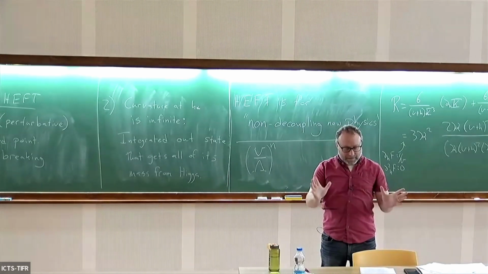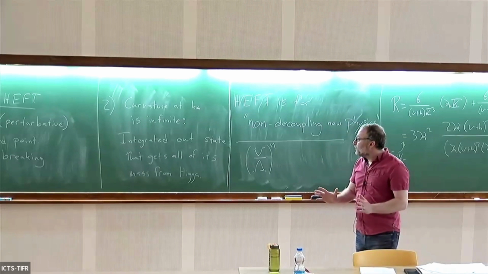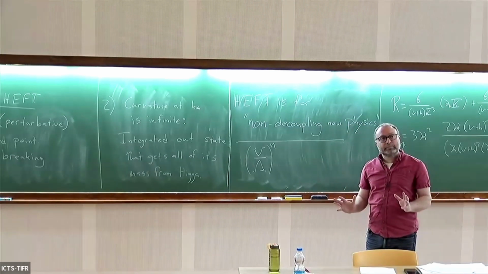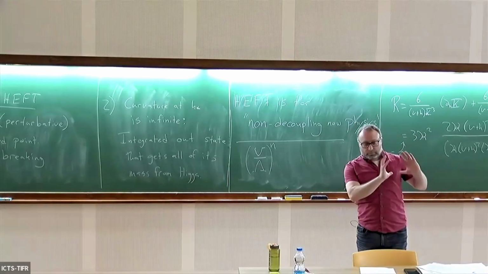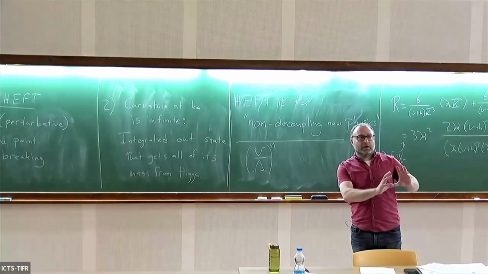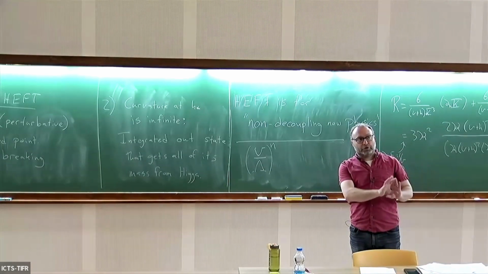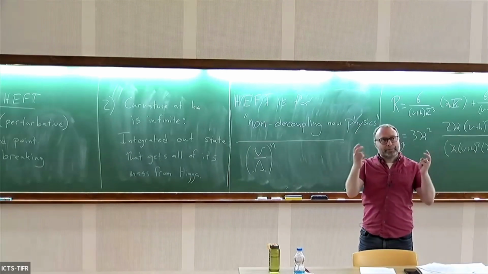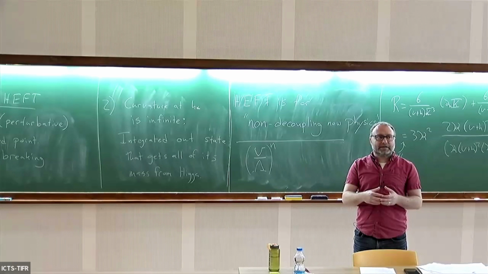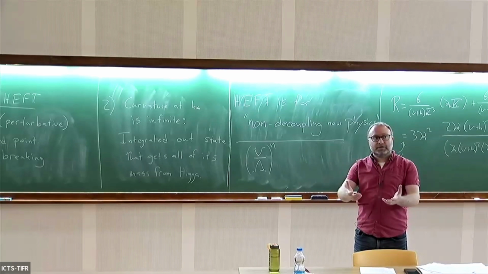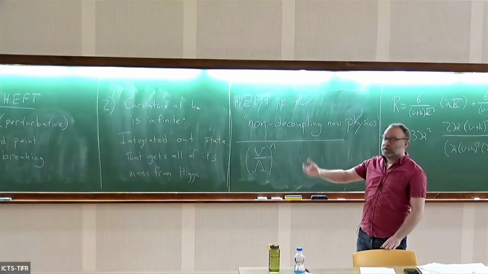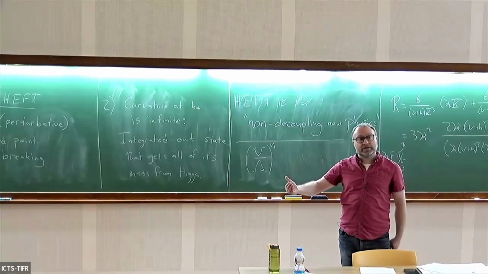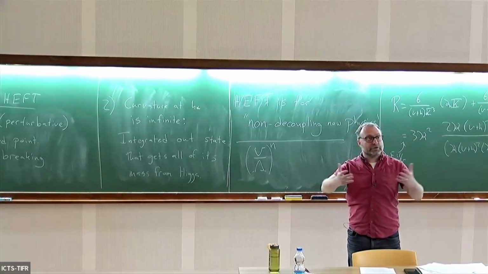So I think the ultimate lesson here is that HEFT is the description you have to use if your new physics is non-decoupling, and this sense of non-decoupling is really that it gets most of its mass from the Higgs, or that it generates a new source of electroweak symmetry breaking. Okay, those are the two cases.